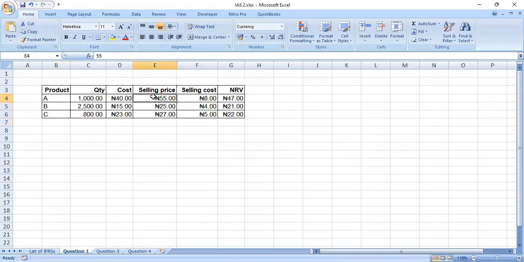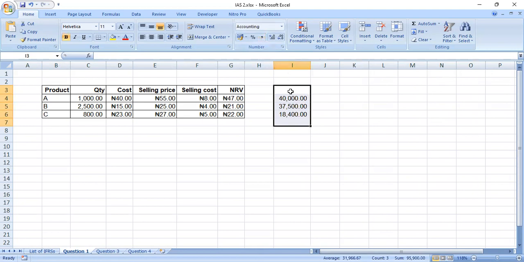So what some persons might do, or some accountants might do, which is a mistake anyway, is to multiply this by the costs. So you multiply this by the costs, and then here you have the total cost.